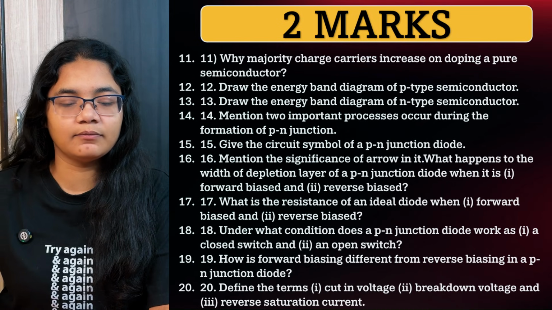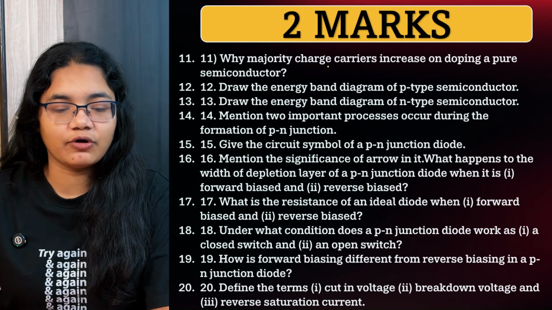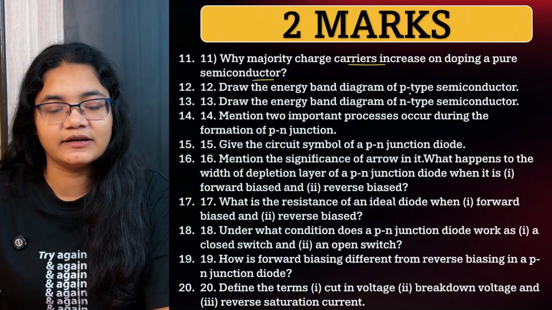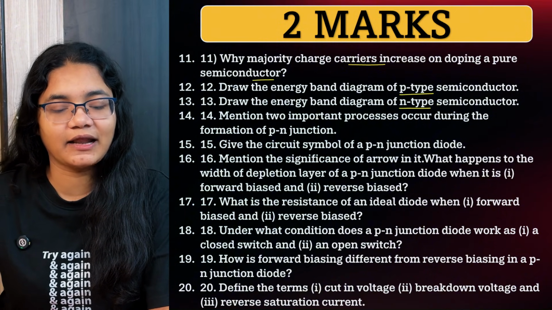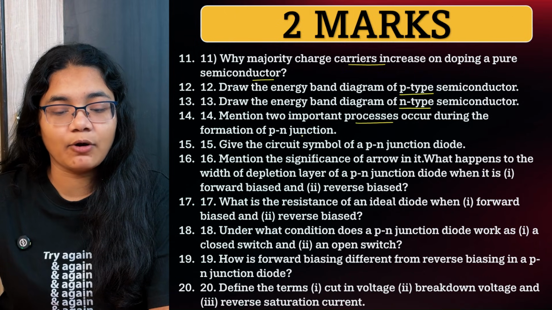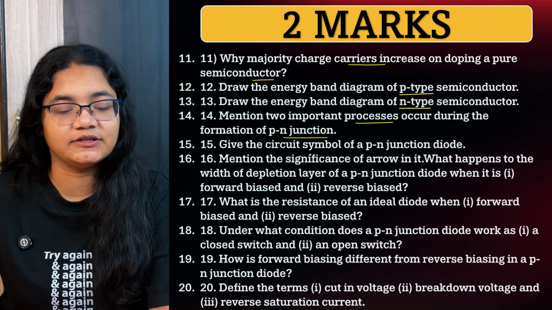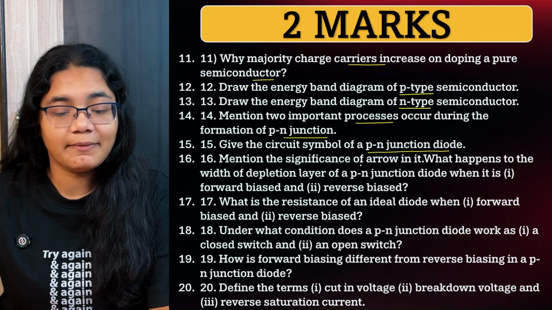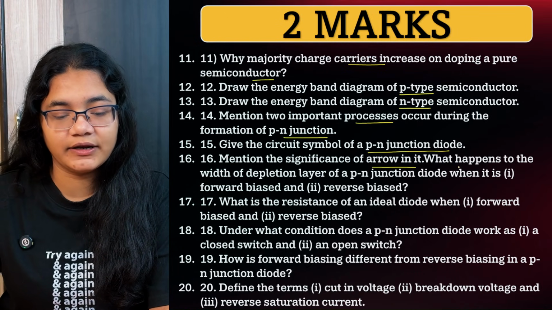Now we will see some more 2-marker questions. Why majority of the charge carriers increase on doping a pure semiconductor? Draw the energy band diagram of a p-type and n-type semiconductor. Mention 2 important processes that occur during the PN junction formation. Give the circuit diagram of a PN junction diode. Mention the significance of an arrow in it.